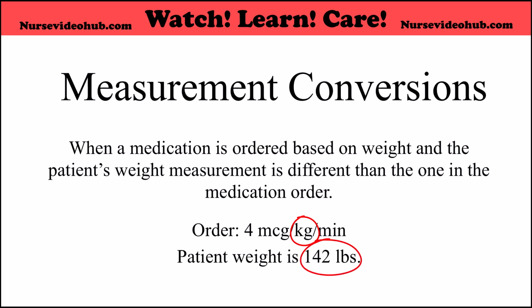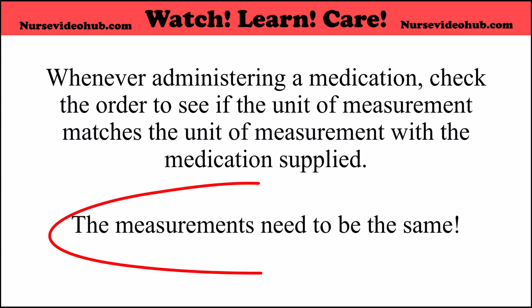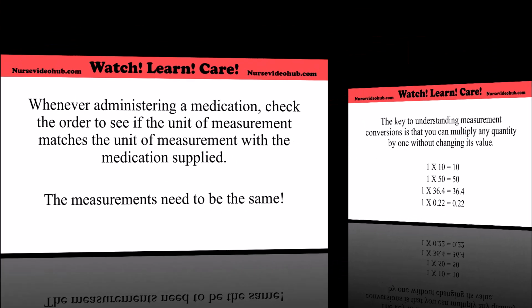You would need to convert the weight from pounds to kilograms to calculate the number of micrograms to administer per minute. Whenever administering a medication, verify the order to ensure the unit of measurement matches the unit of measurement of the medication supplied. The measurements need to be the same.